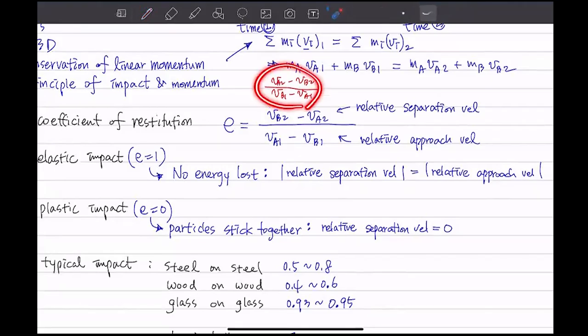It's going to be the same because you have a negative sign and a negative sign, and they go away. So this one and that one are going to be the same.